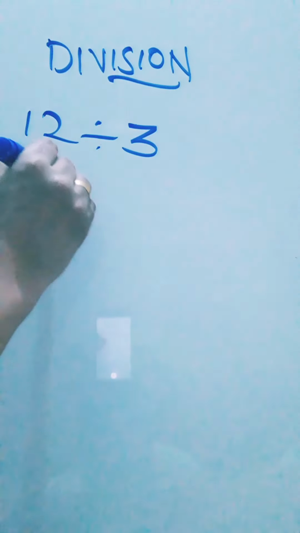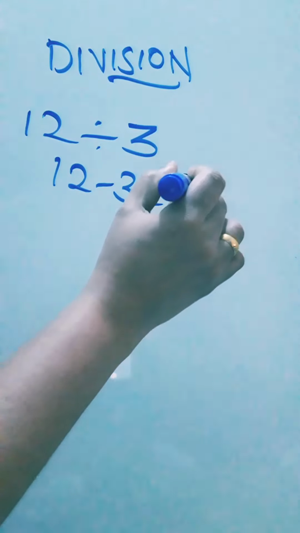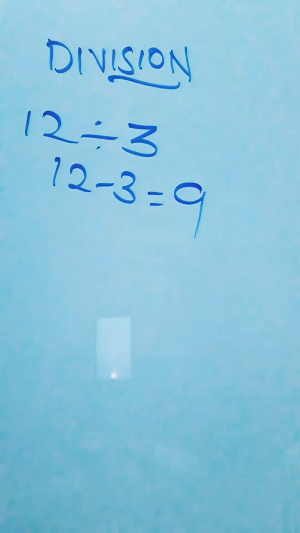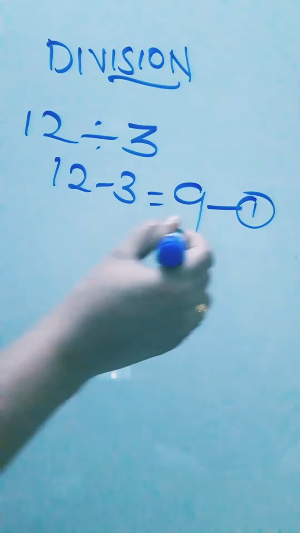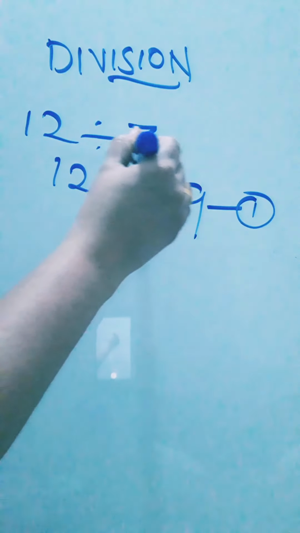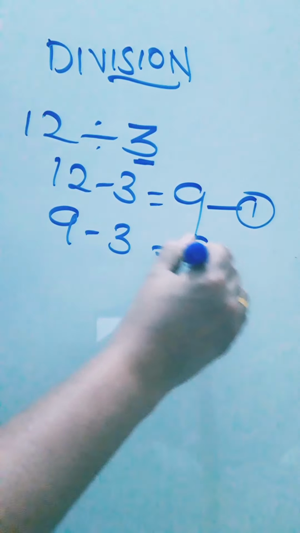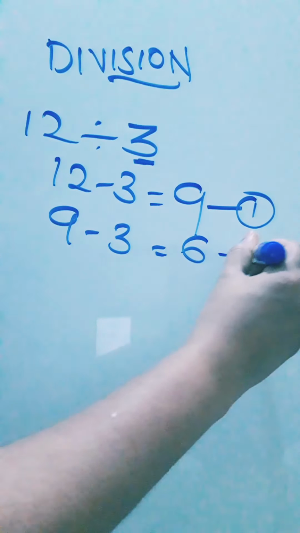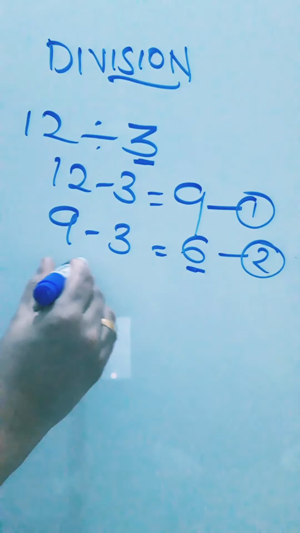First I will do 12 minus 3. 12 minus 3 is equal to 9. There I can write step 1. Next step is 9 minus 3. 9 minus 3 is equal to 6. That is step 2. Then 6 minus 3.